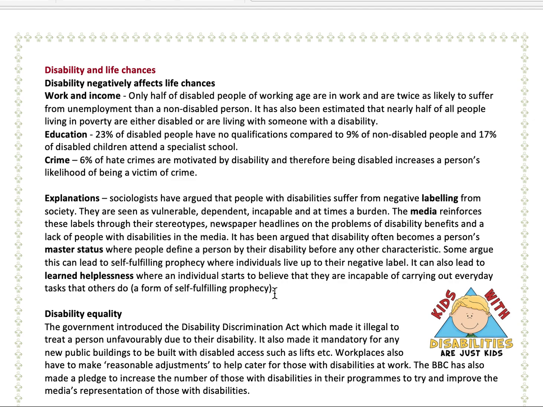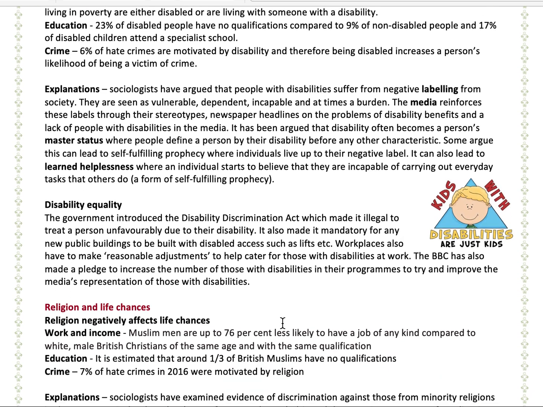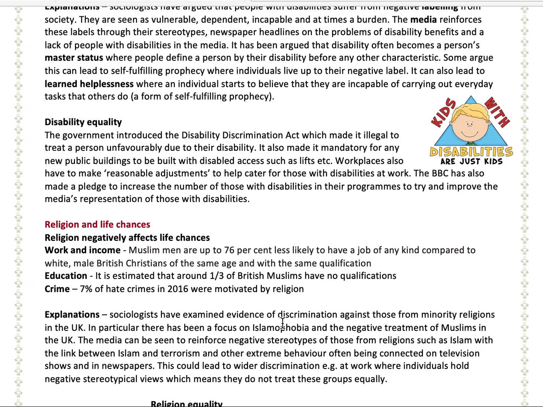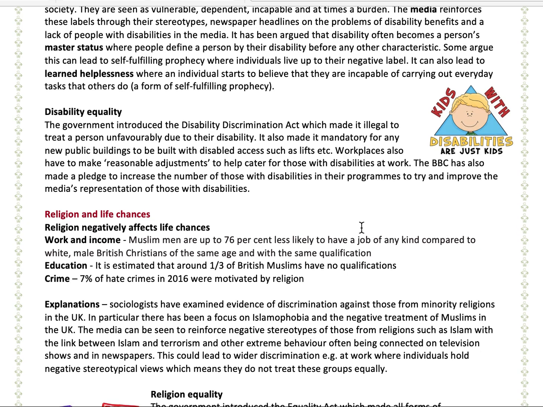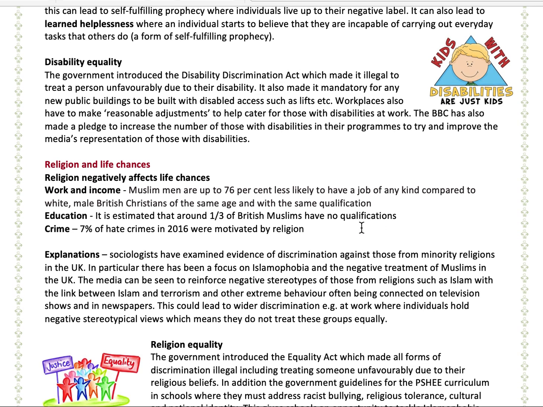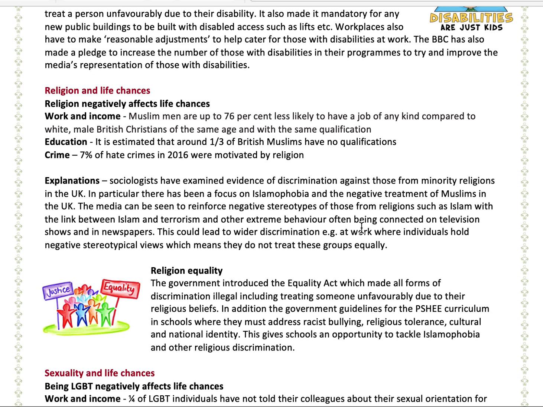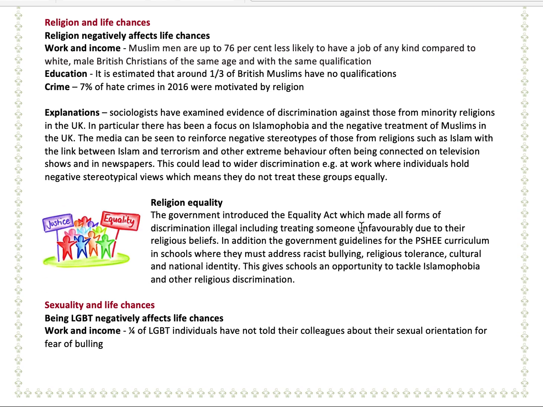So it's like a form of self-fulfilling prophecy. You can use learned helplessness for old people as well. Equality, so Disability Discrimination Act, adjustments to buildings, media representations are obviously improving, so much more kind of representation within the media of people with different various disabilities.